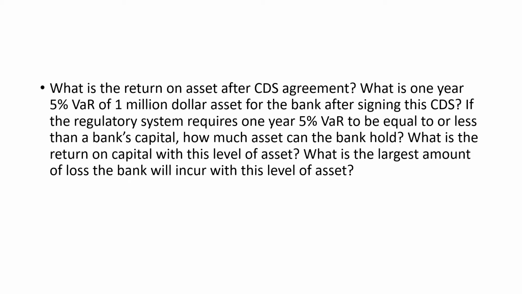If the regular system requires 1 year 5% value at risk to be equal to or less than a bank's capital, how much asset can the bank hold? What is the return on capital with this level of asset? What is the largest amount of loss bank will occur with this level of asset?